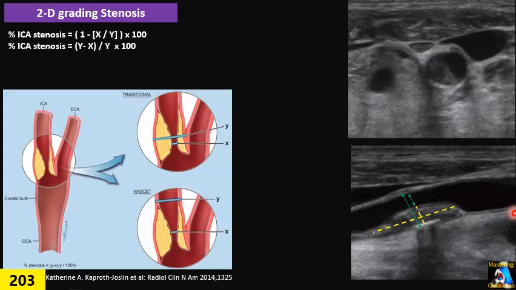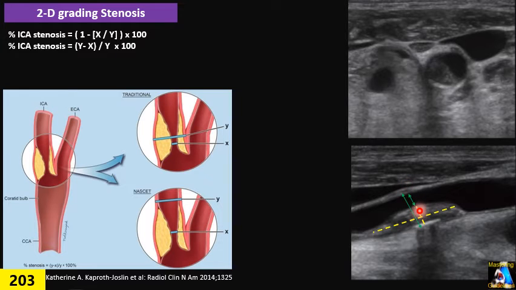But before that, I have to mention measuring the size of the plaque. We measure the length and the thickest spot in the longitudinal view, and then on the short axis we measure the third dimension.